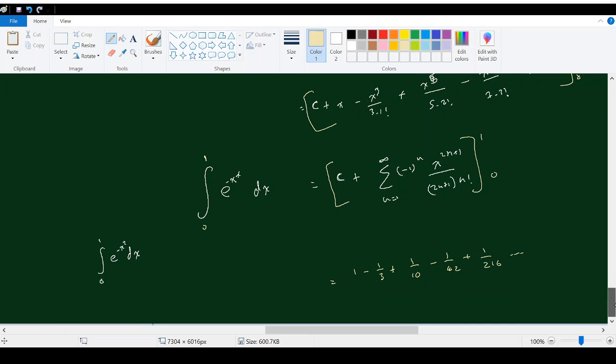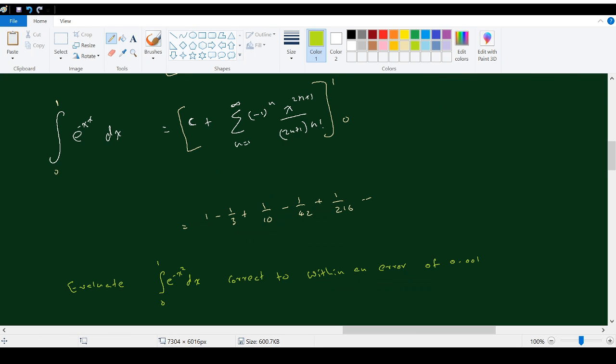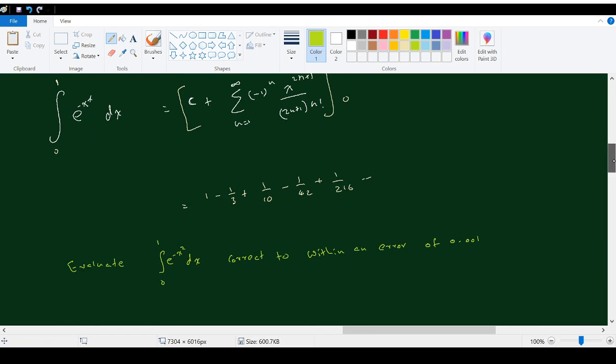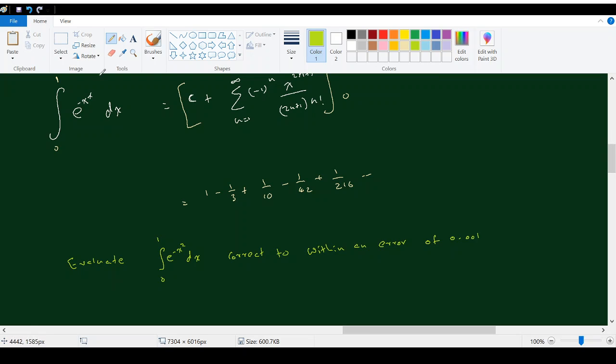But what we can do is an approximation. So if we have a problem like this, to evaluate the integral correct within an error of this much, we can use the alternating series approximation theorem to evaluate this one up to this given particular error margin.